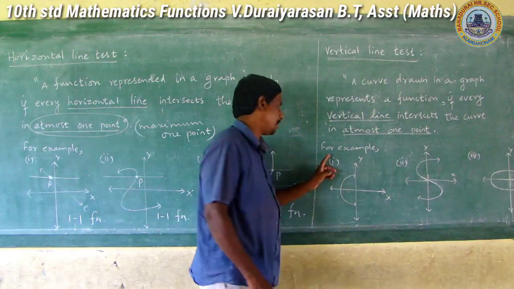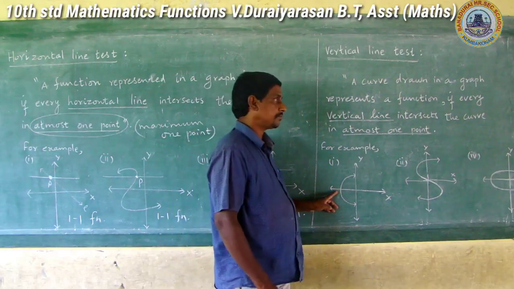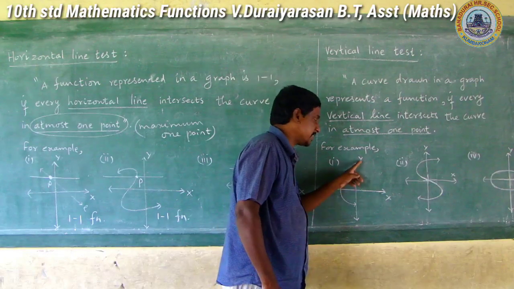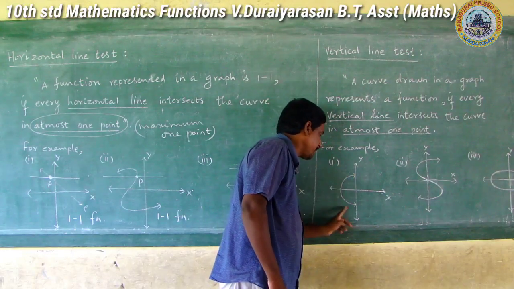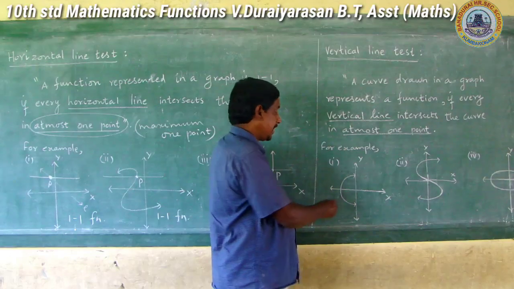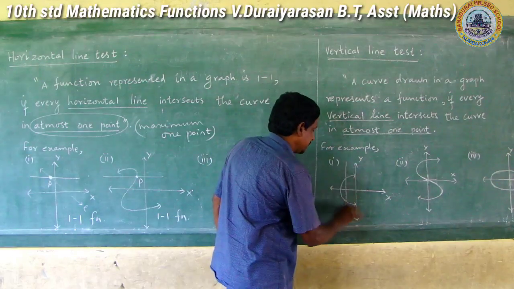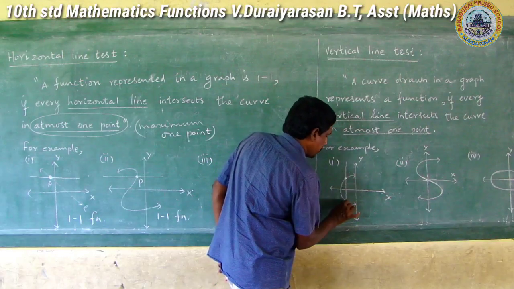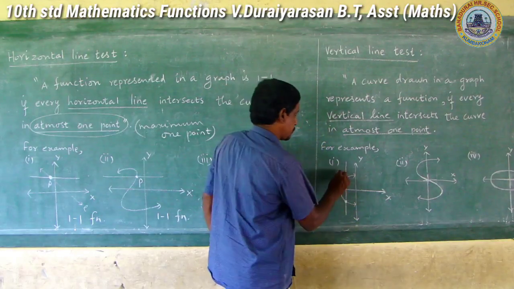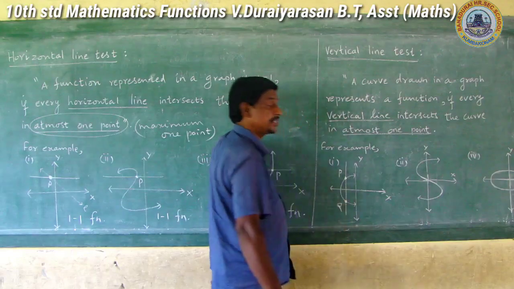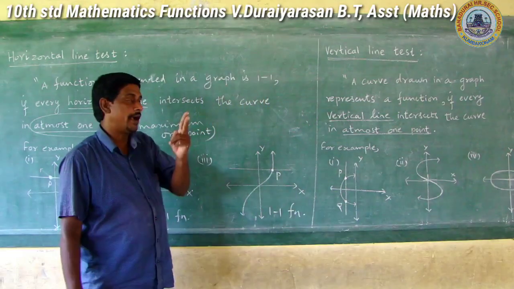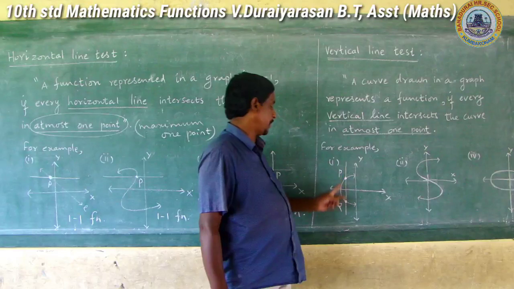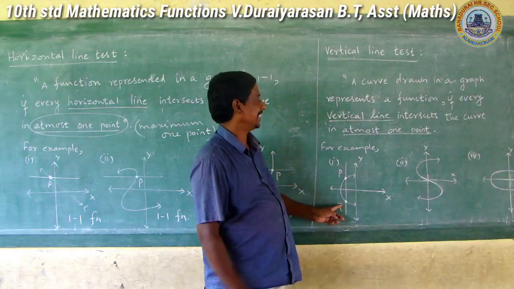Say, for example, the first one. This is the x-axis, this is the y-axis, and this is the given curve. Here, draw the vertical line. The vertical line meets at 2 points, namely P and Q. What is the condition?